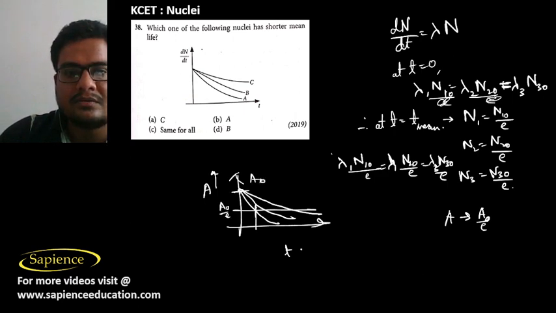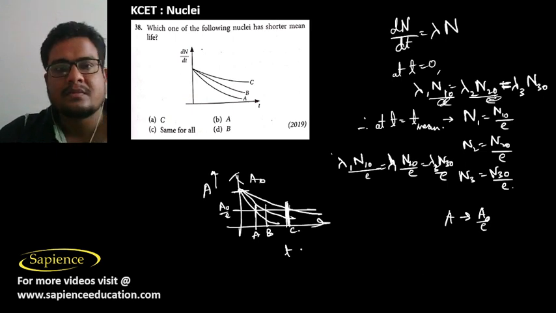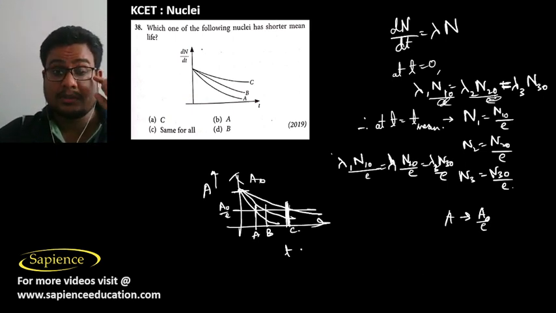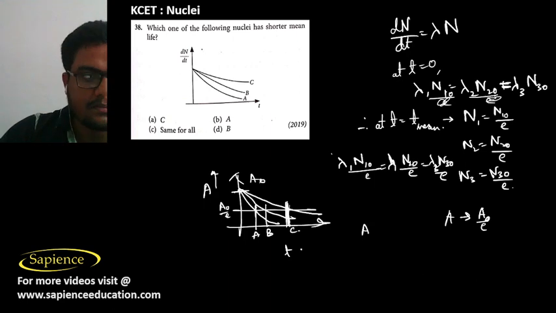So the mean life of A is the least, the mean life of B is medium, and the mean life of C is the highest. Which of the following has shorter mean lives? That is for A. Option B is the correct answer.